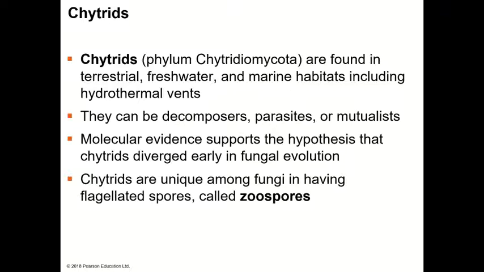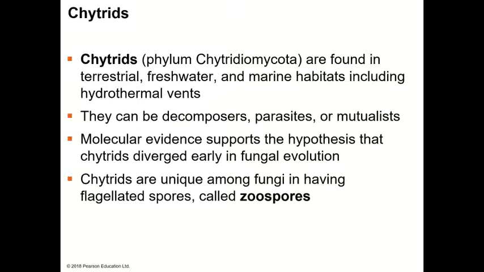Their main characteristic is that their spores, if you can remember the spores in plants, the chytrids spores are flagellated. Okay, so there are flagella for the spores. So these spores are known as the zoospores. Zoo meaning animal because they can move. Okay, like animals. We usually associate animal characteristics to movement.